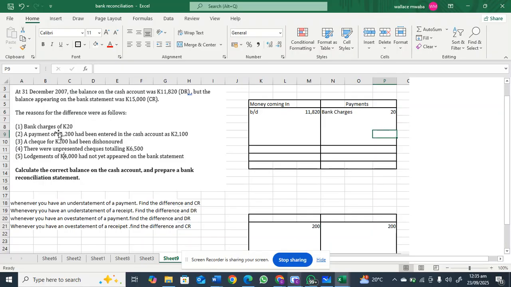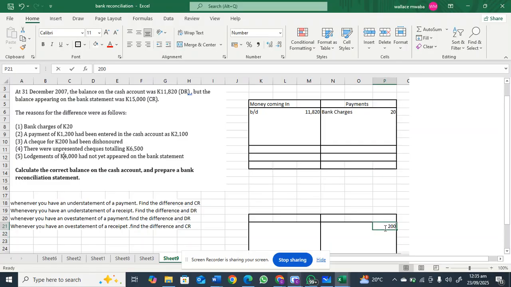A payment of 1,200 had been entered in the cash account as 2,100. So here there's an error that has been made. We've overstated the payment, meaning we recorded that we've paid more than we actually paid. So we need to correct this error to show that we paid only 1,200.